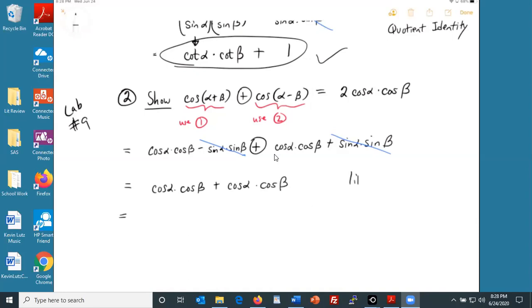These are like terms. And remember, you can add together like terms. There's one of each. So altogether, these add up to 2 cosine alpha cosine beta. In other words, if you have xy plus xy, it's 2xy. So just think of your x and y as each cosine term. This is your 1xy. This is another xy. It adds up to 2 of those. And that was what we wish to show.